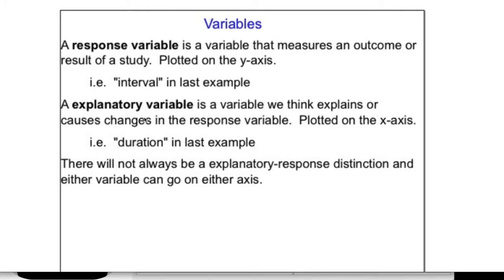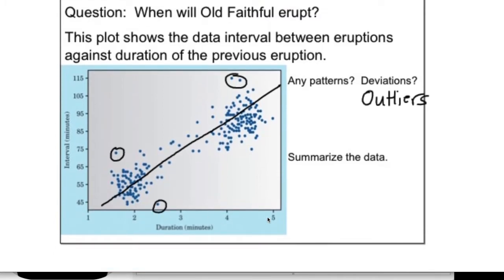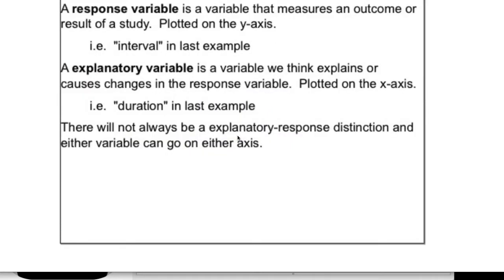We talked about this on the last example. The duration is your explanatory variable, because it seems like the longer the duration, the longer the time is in between. So the duration explains the interval of the data, or of the eruptions.